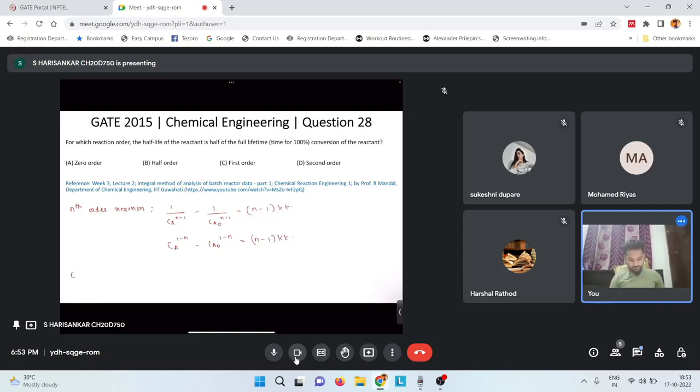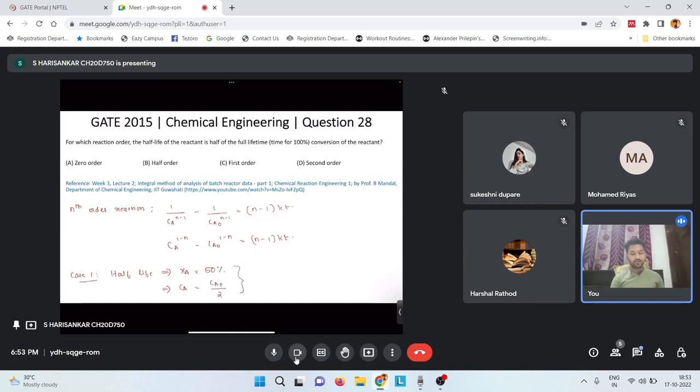Case 1 is the half-life case where the reaction proceeds to 50% of the conversion. That means conversion is 50%. Or this also implies the final concentration Ca is basically Ca0 by 2.